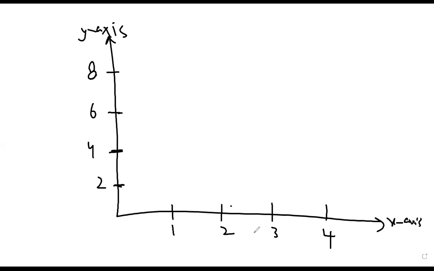The first line's points are 4, 0 and 0, 8. I'm drawing it again. And the second line's points are 2, 0 and 0, 3. 0, 3 will be here, hopefully. This is the second line, and definitely it will move beyond that.